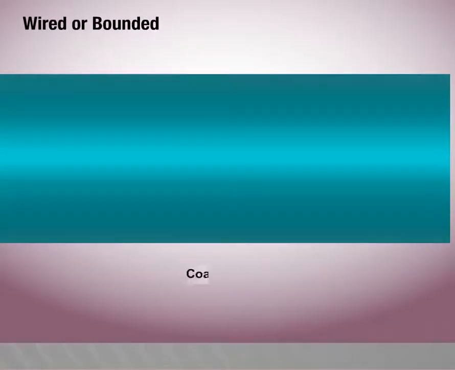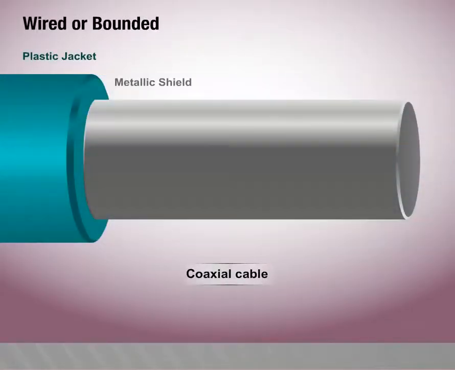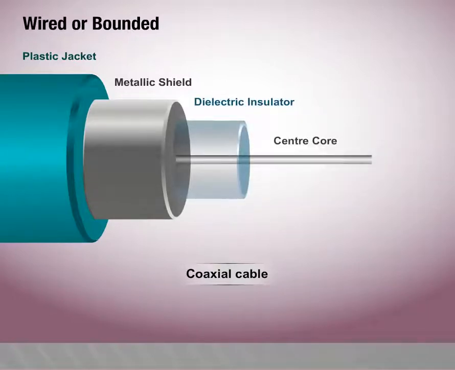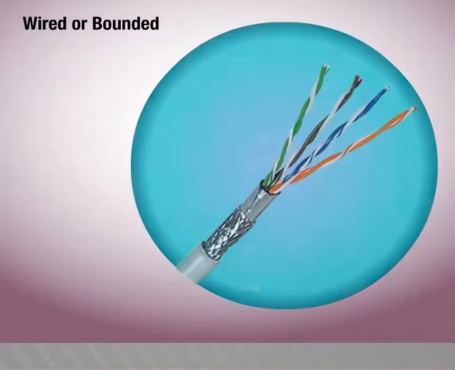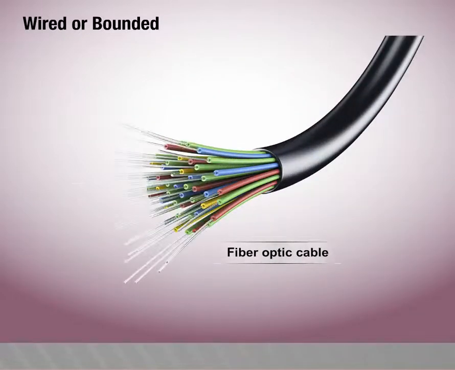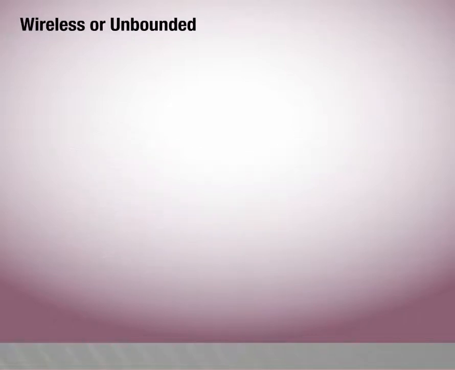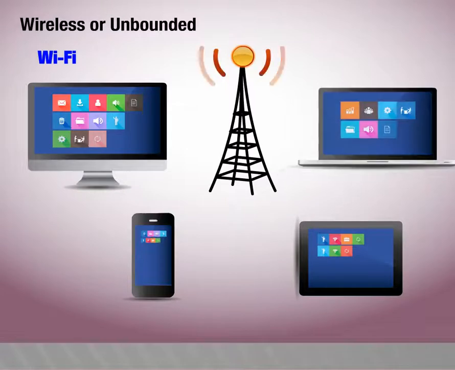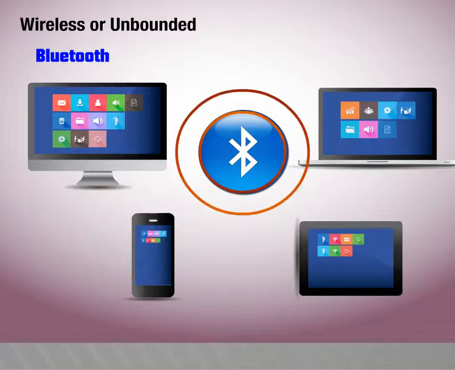Wired or bounded: coaxial cable, twisted pair wire, fiber optic cable. Wireless or unbounded: Wi-Fi, Bluetooth.